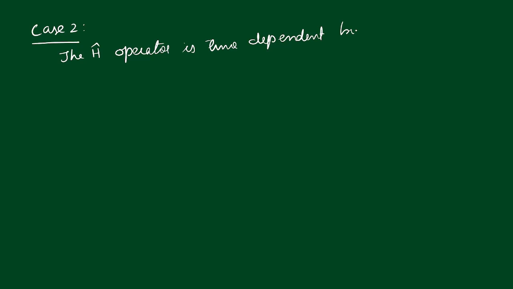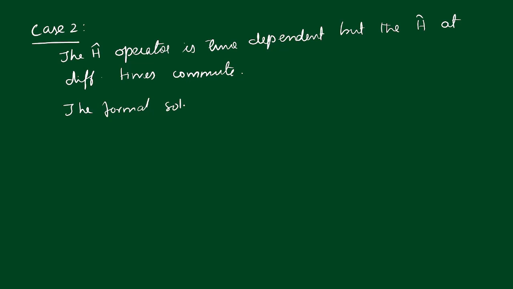Okay, but the Hamiltonian at different times commute. Okay, different times commute, right? So the formal solution in this case is the formal solution of Schrodinger equation for u cap. It goes like this. Okay.